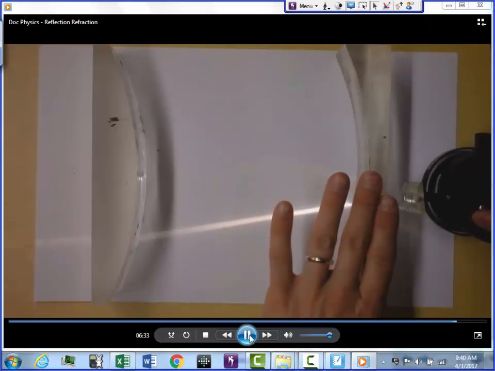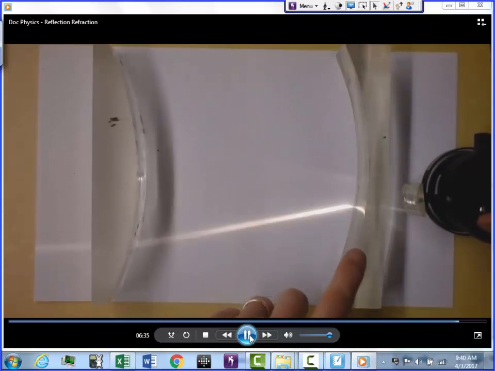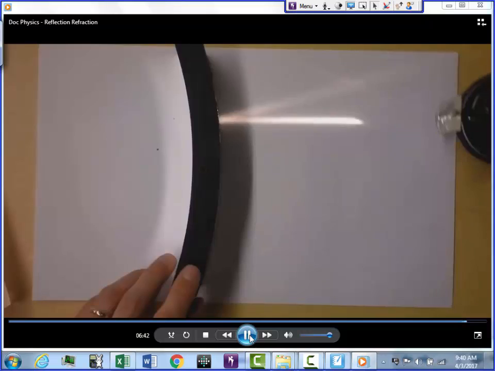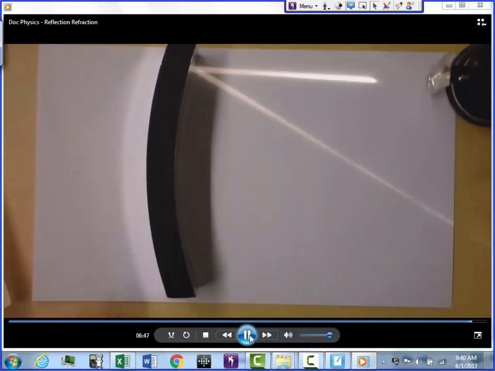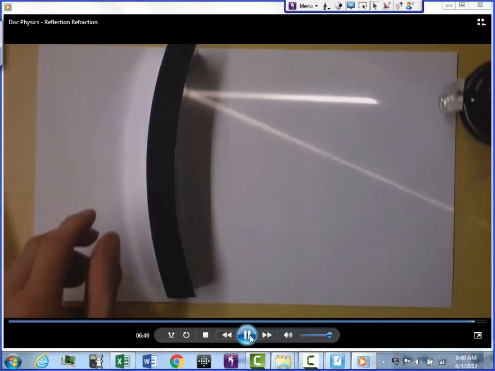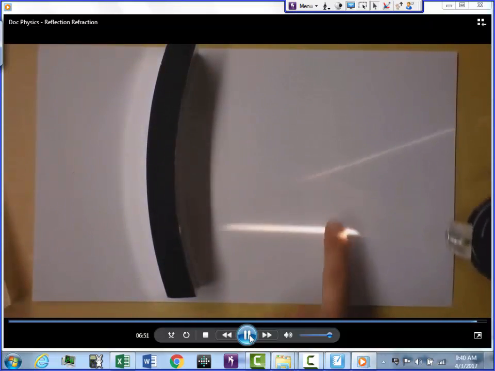They're sort of like capacitors and resistors, or capacitors and inductors in that sense, because a concave lens is diverging, and a convex mirror is diverging. And similarly, a concave mirror is converging. See that focal point that's forming right there? And a convex lens is converging. Okay, bye.